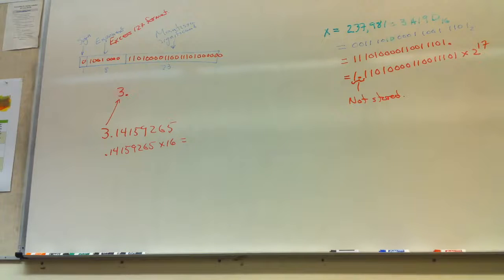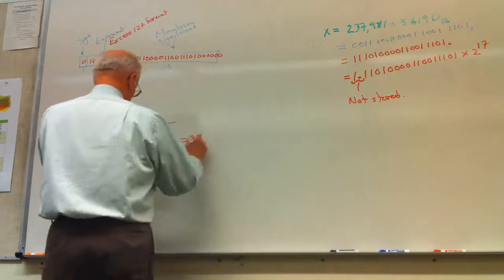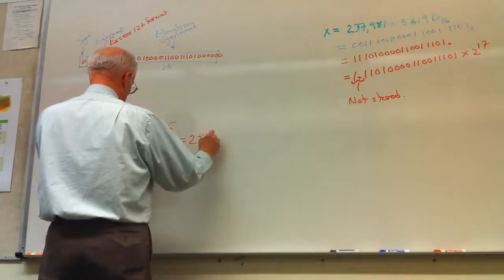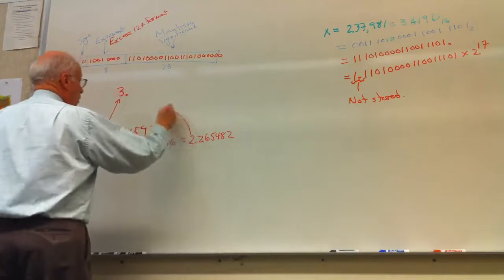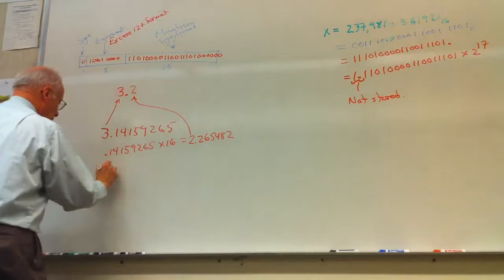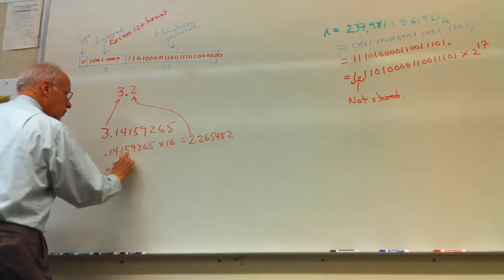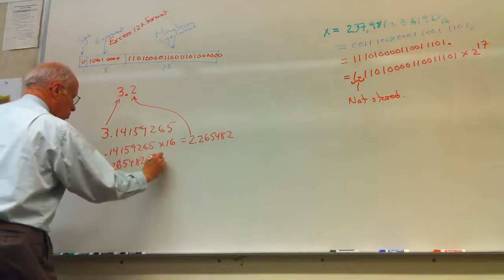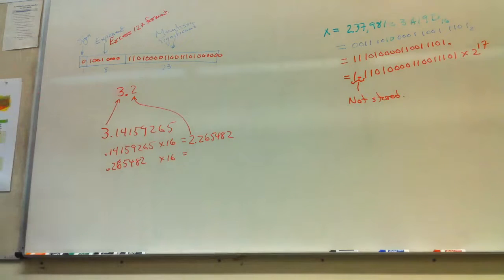I get 2.265482. I will take that 2 and put it here. I will take the 0.265482 down here and multiply that by 16.